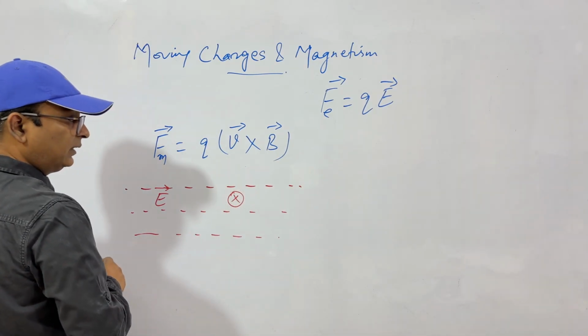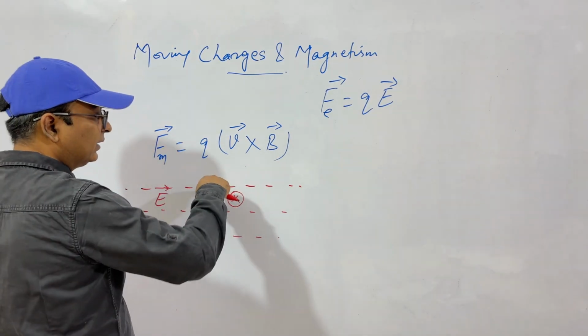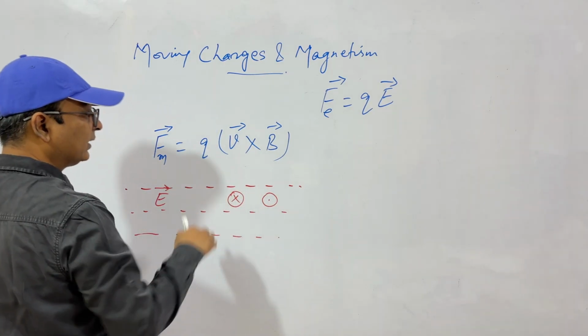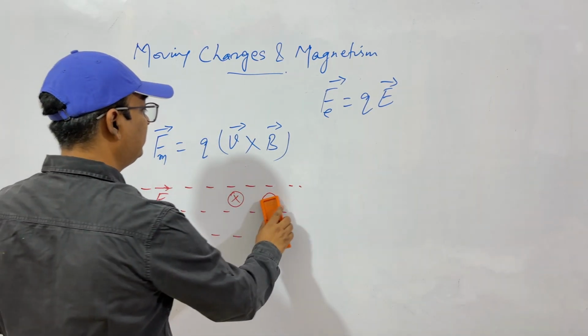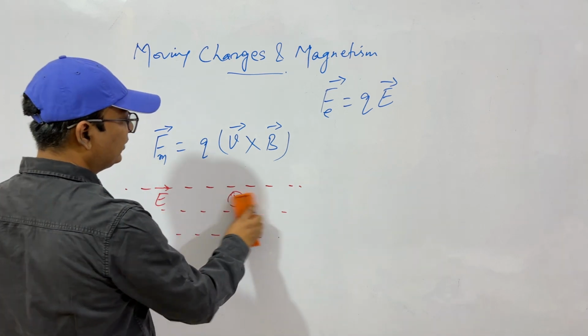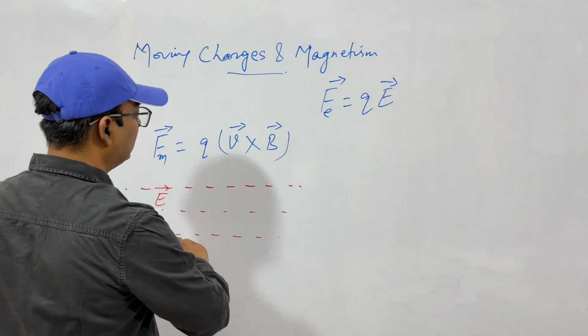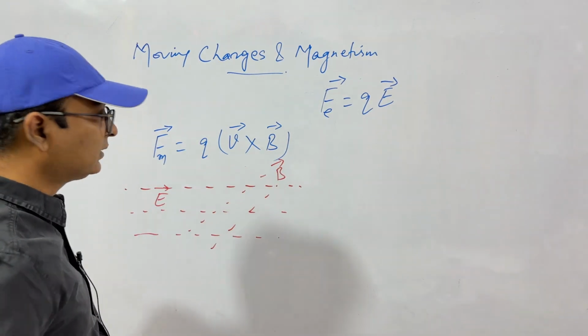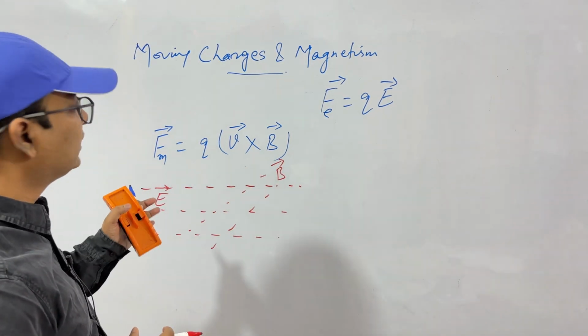You understand this sign? This sign means arrow going inside. And if you have this, this means the arrow is coming out. For the time being, let this be the direction of magnetic field. Let there be a distance. I'll explain to you what is the direction of the force.